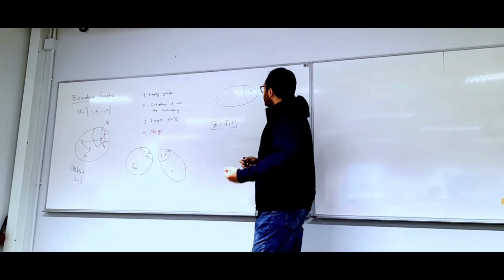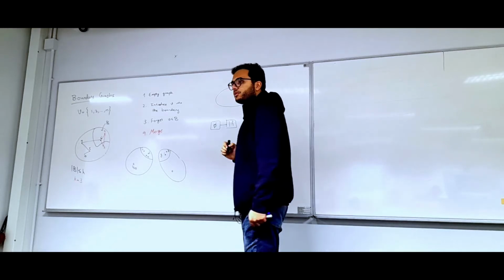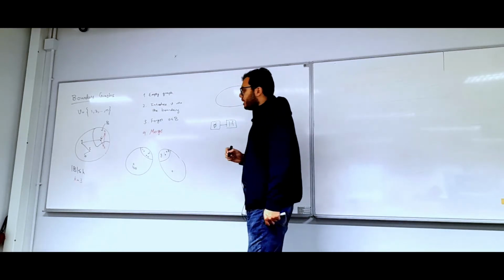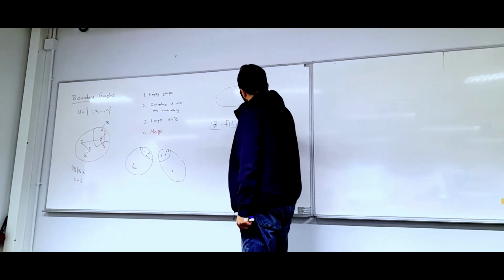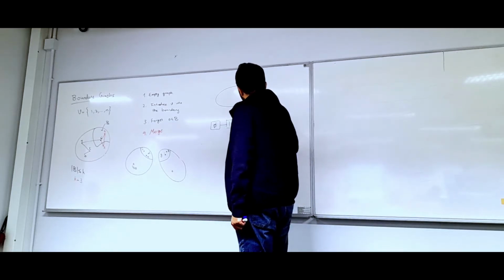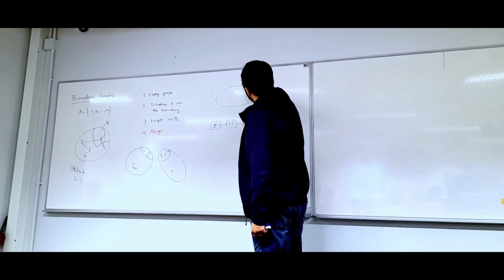Now let's say I introduce some other vertex, let's say I introduce vertex 2, and let's say that vertex 2 is connected to vertex 1. Again, I just add a new bag that has the new boundary. Now let's say I introduce vertex 3 and it's connected to both 1 and 2.